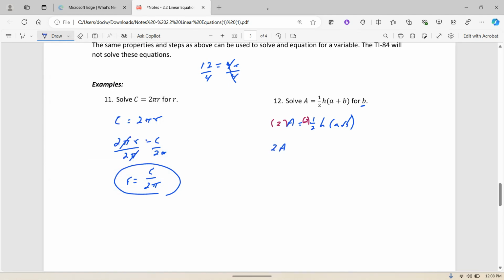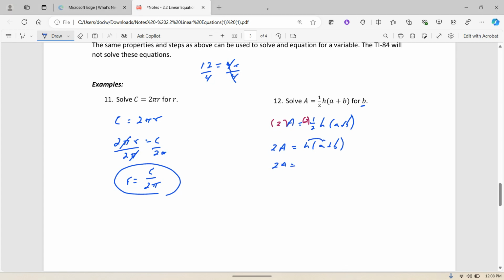So I have 2 times big A, and I'm going to call them big A and little a, since notice the equation has two A's in there. 2 times 1/2 is 1, so we have h times little a plus b. I'm doing the same algebraic steps, but I'm solving for b. Since I'm solving for b, I'm just pretending that the big A, the little a, and the h are all numbers and handling them the same way I would otherwise.